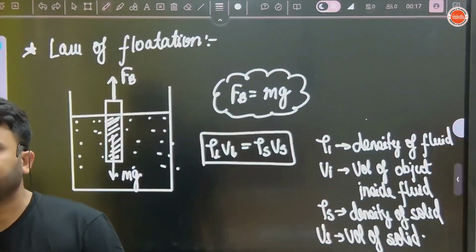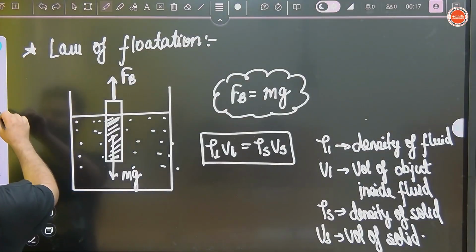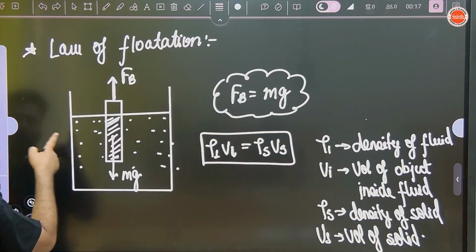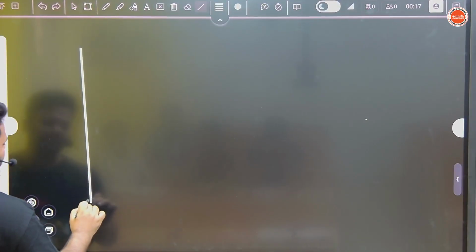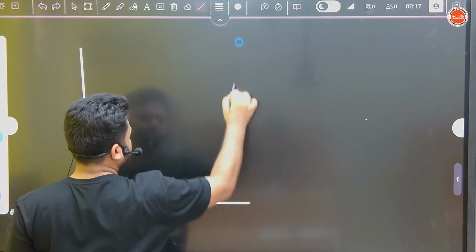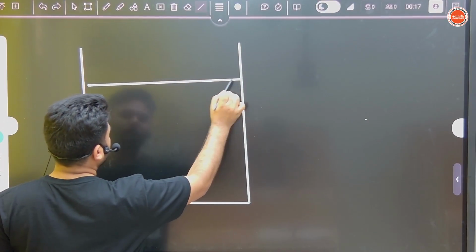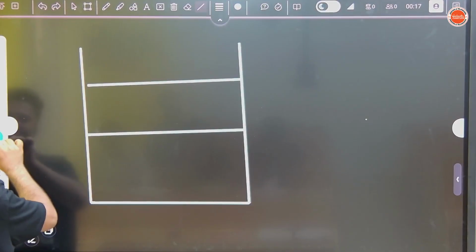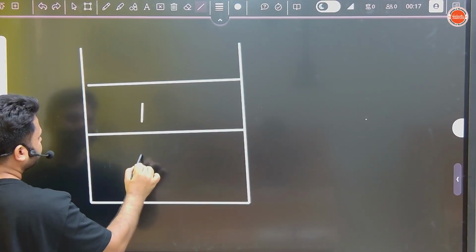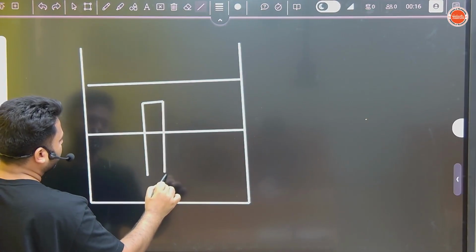Now sometimes they give two liquids. They have asked this in one of the NEET exams. They will not give one liquid; rather, they give two liquids like this. We have two liquids and the object is floating like this.